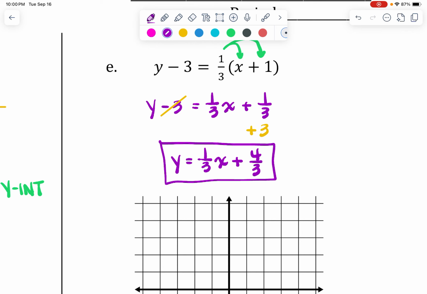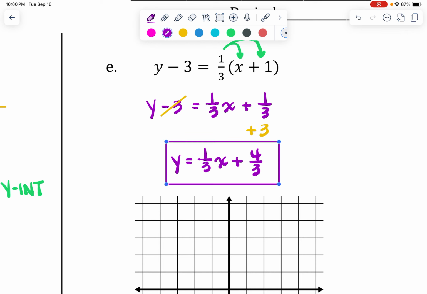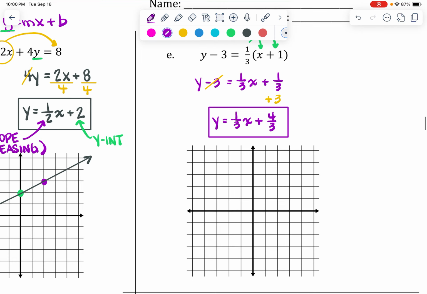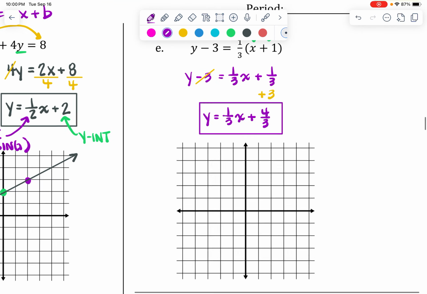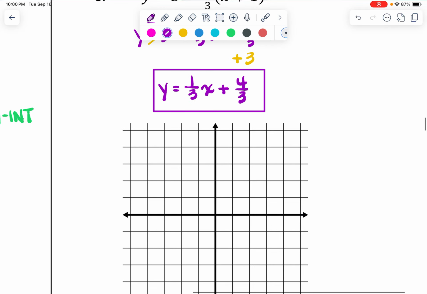Now this is not going to be uber friendly to graph from this position. You can totally give it a shot. I'm going to go ahead and do that, but we'll talk about the point slope perspective in just a second. So 4/3 is 1 1/3. So that means my y-intercept is like here-ish, right?